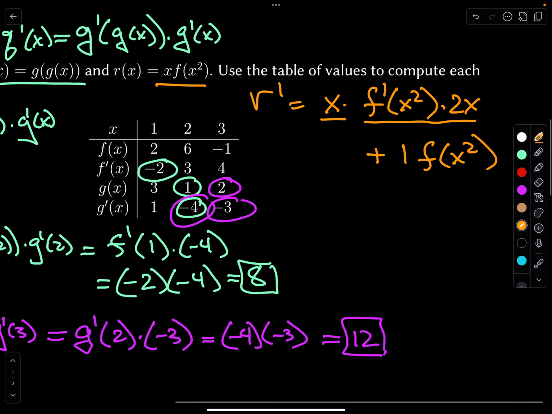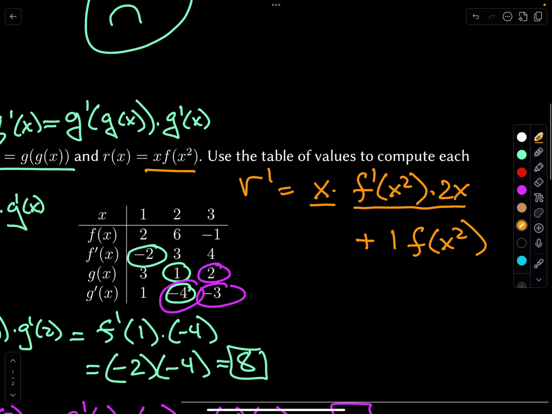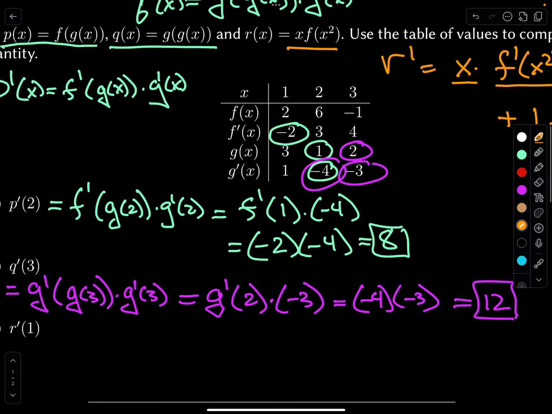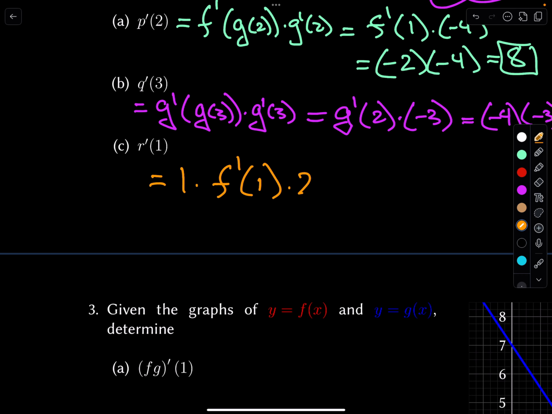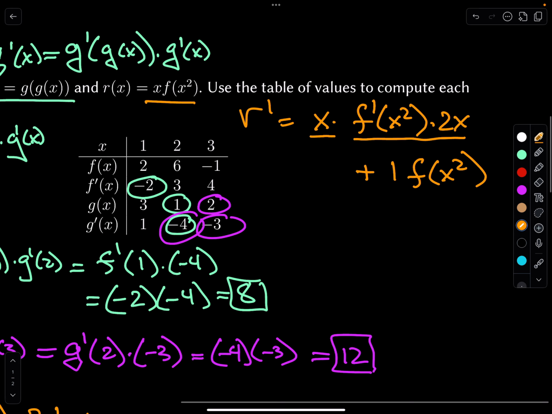Okay, so r prime of 1, I'm going to copy this, it's going to take me a minute, is going to equal 1 times f prime of 1 times 2 times 1. So that's the underlined stuff, because 1 squared is 1.